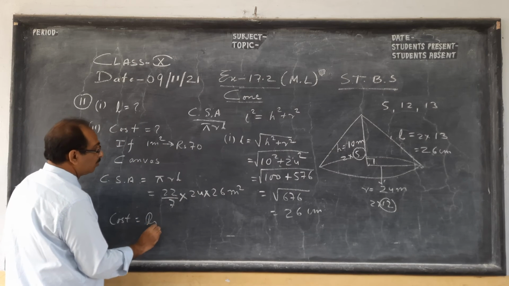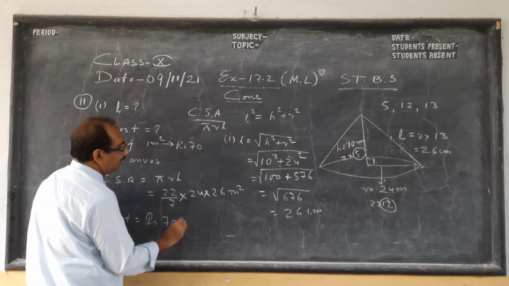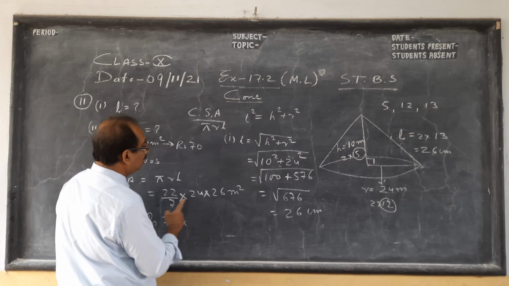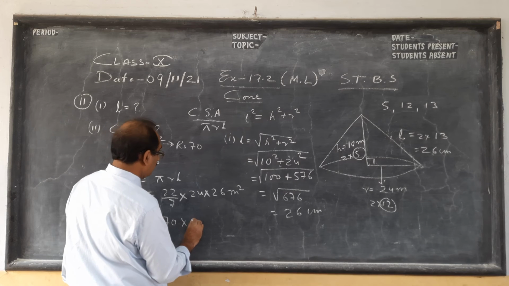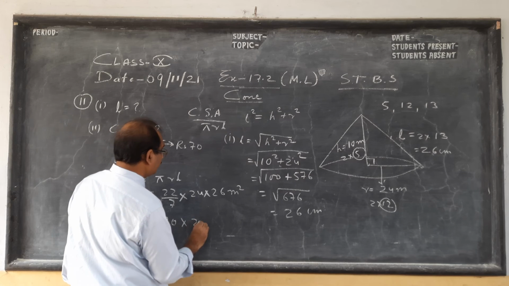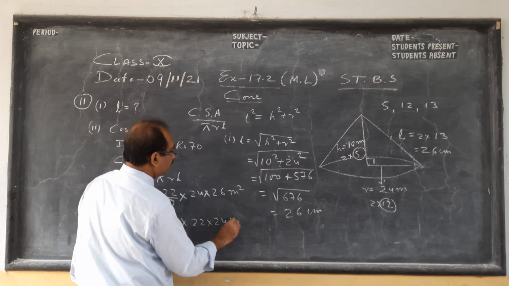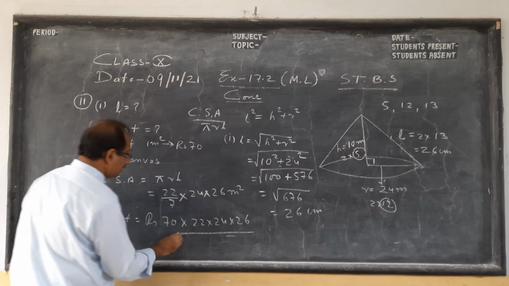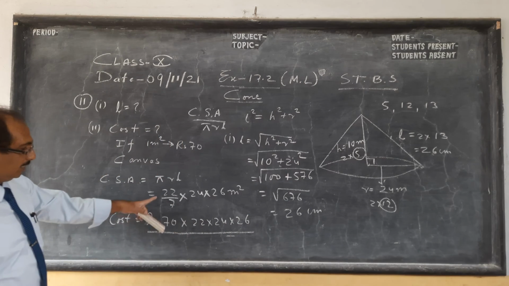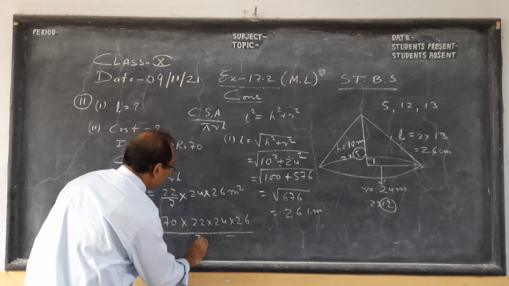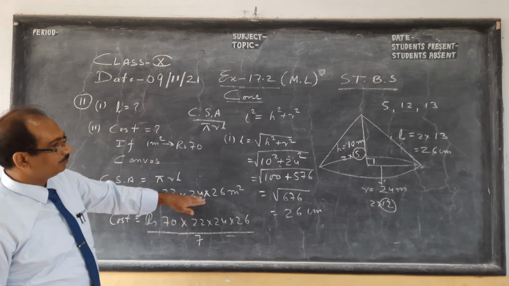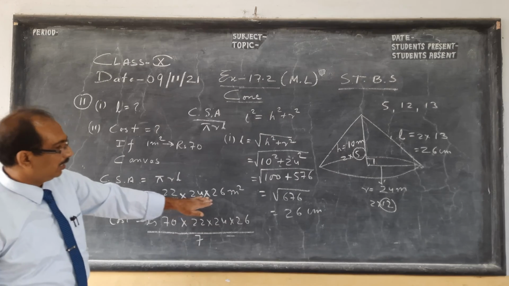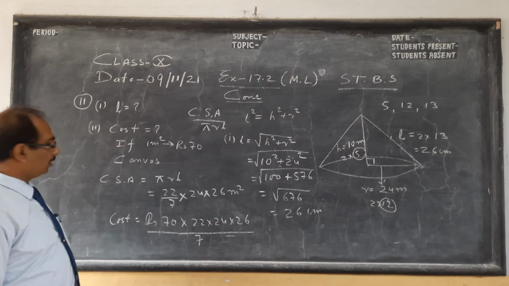So cost will be rupees 70 into 22 into 24 into 26, and 7 is down. So pi, R is 24, L is 26.